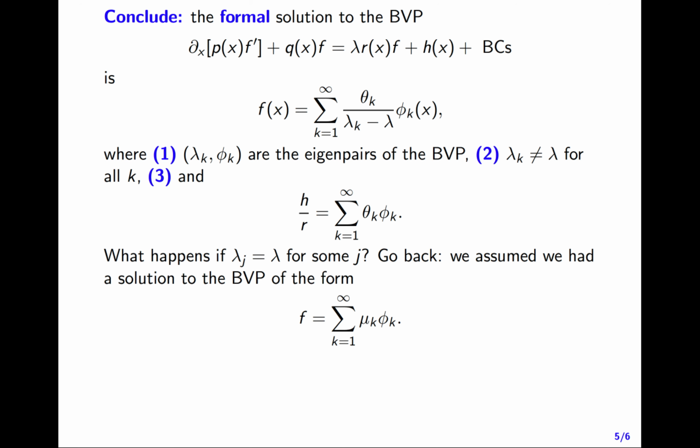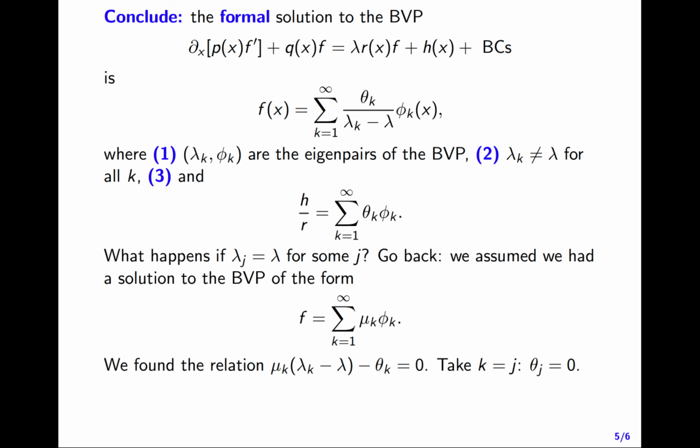We assumed we had a solution to the boundary value problem of the form sum k equals 1 to infinity mu k times phi k. We found that forced the relation mu k times lambda k minus theta k equals 0, where we know what lambda k and we know what theta k are. And if we take k equal to j, what is this force?